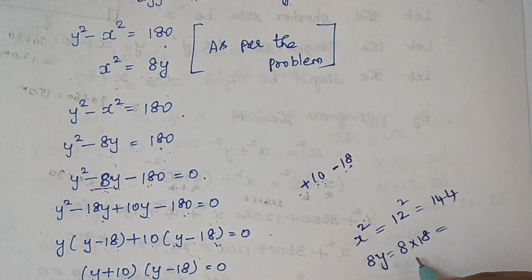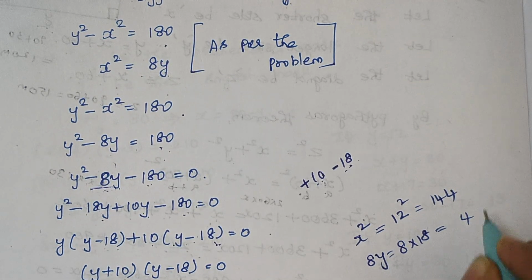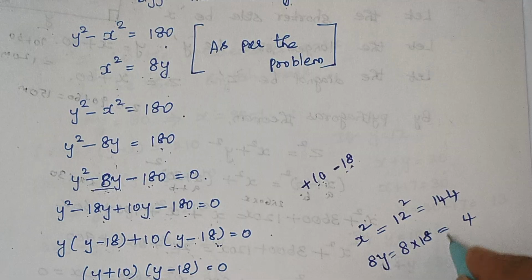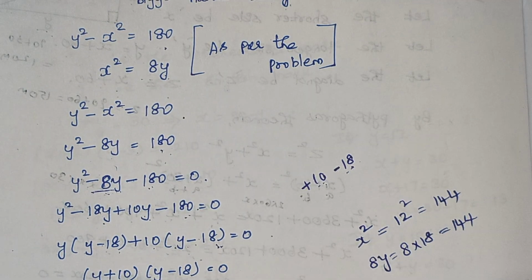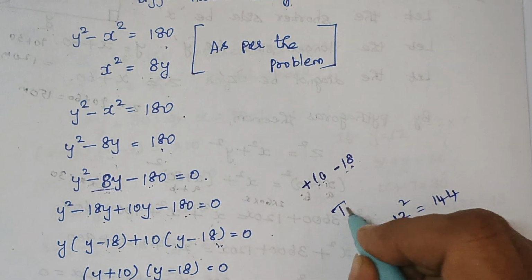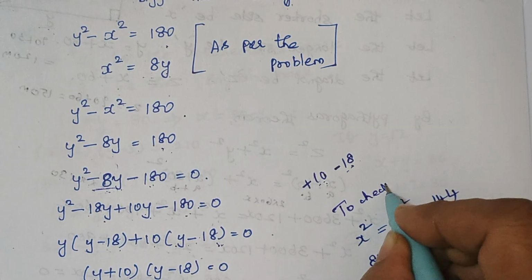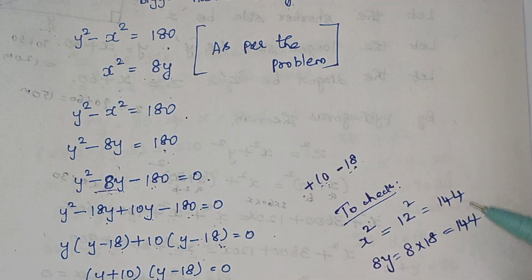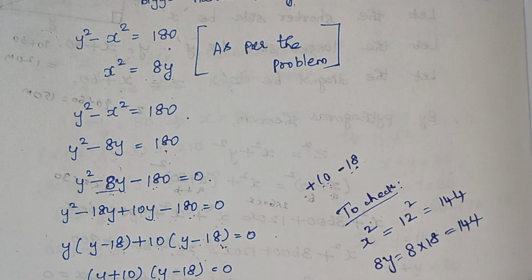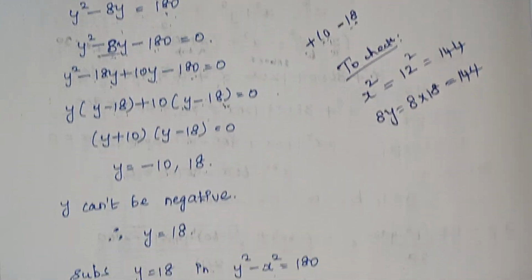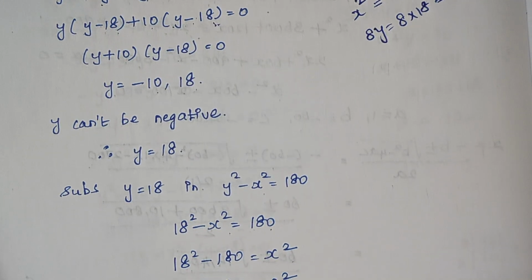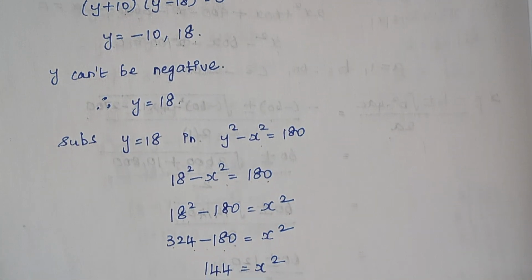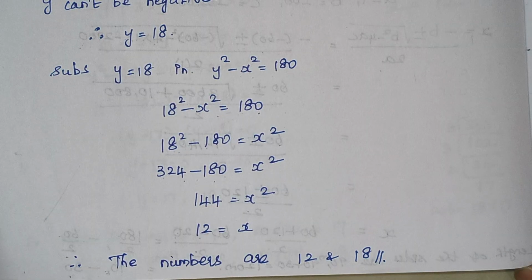When you solve, 8 eights are 64, 4 remainder 6, and 8 times 1 is 8, 8 plus 6 gives you again 144. So this is a way to check whether the obtained answer is right or wrong. This perfectly satisfies the given condition. Therefore the two numbers are simply 12 and 18.